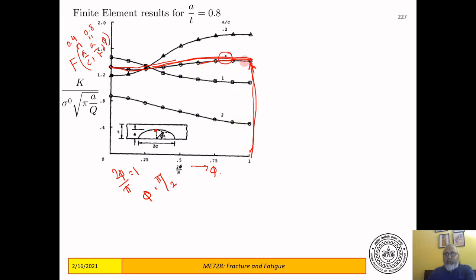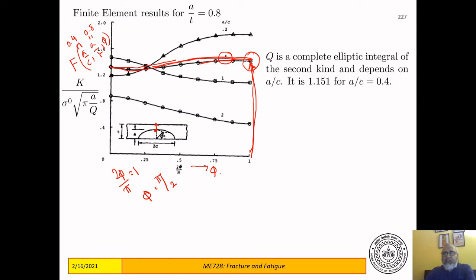As you increase the pressure, this point would reach K1C first, and the crack will propagate along this direction first. And here Q is a complete elliptic integral of the second kind, and its value depends on the value of A by C, and it is equal to 1.151 for A by C equal to 0.4, which is our case.